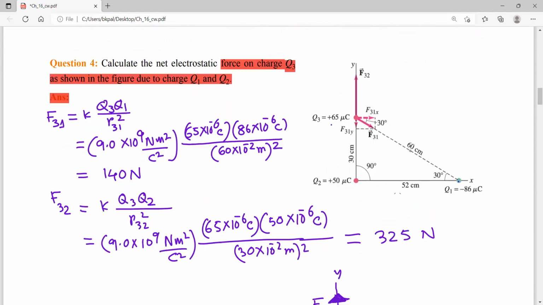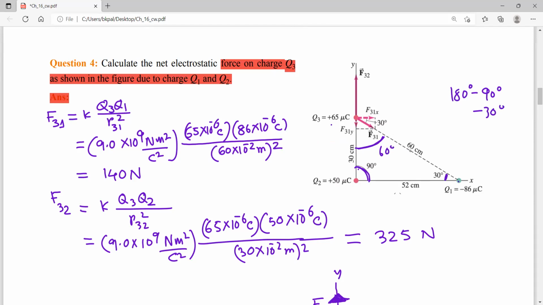You can determine this angle by knowing that this is 30 degrees, so it's already given. This is 30 degree, this is 90 degree. So this angle will be 180 minus 90 degree minus 30 degree, so it will be 60 degree.